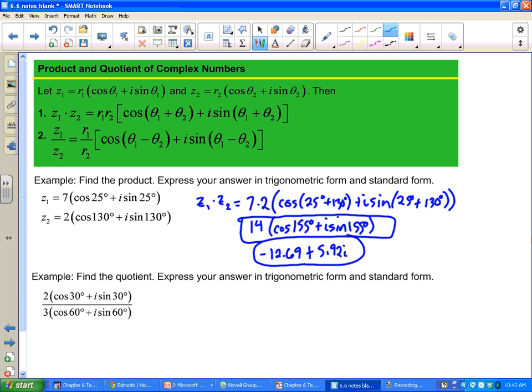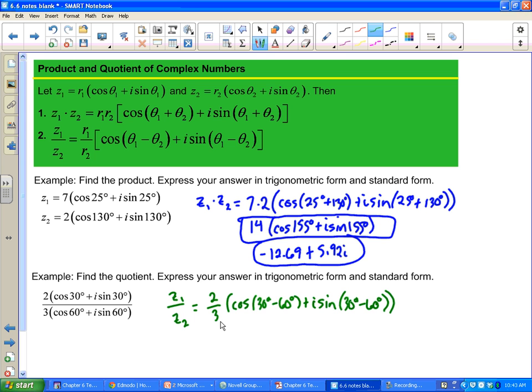Now let's find the quotient on this next one. So I'm finding the quotient of z1 over z2. That equals our r's over each other, 2 over 3, and then cosine of 30 degrees minus 60 degrees plus i times sine of 30 degrees minus 60 degrees.